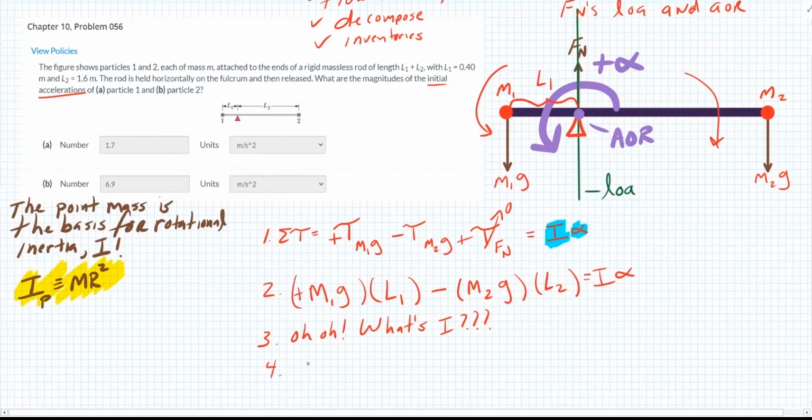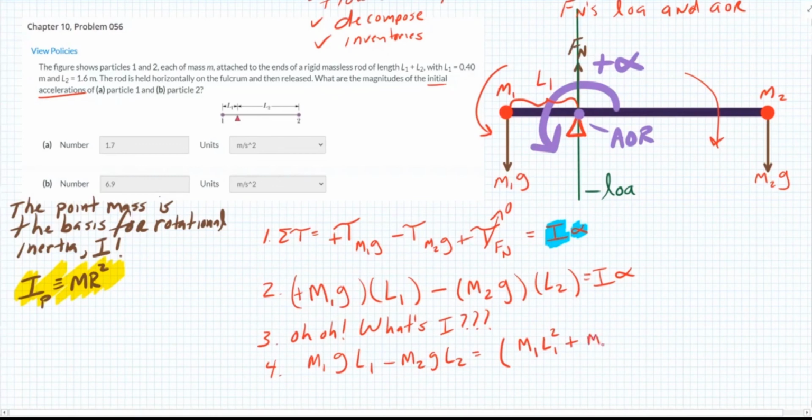Ready, set, go. All right, I have M1G times L1 minus M2G times L2 equals the rotational inertia. Here's the rotational inertia for M1. It's going to be mr squared. Here's the rotational inertia for M2.